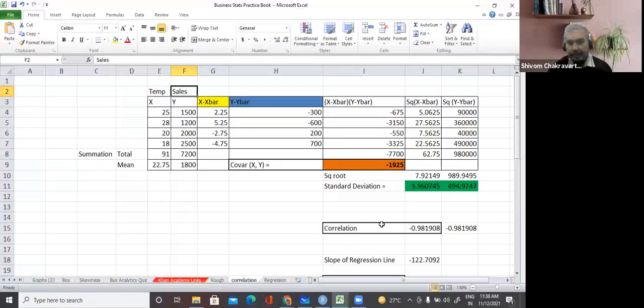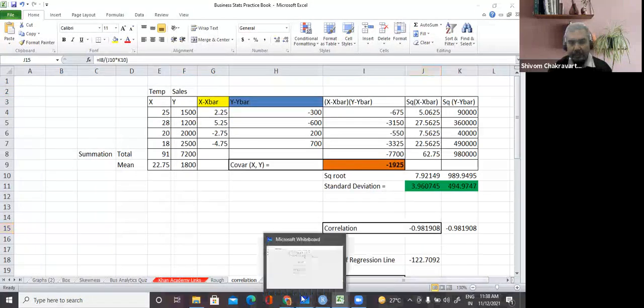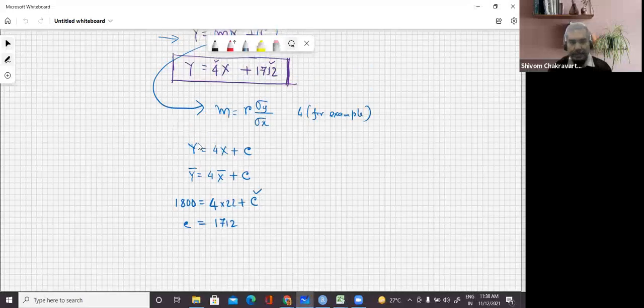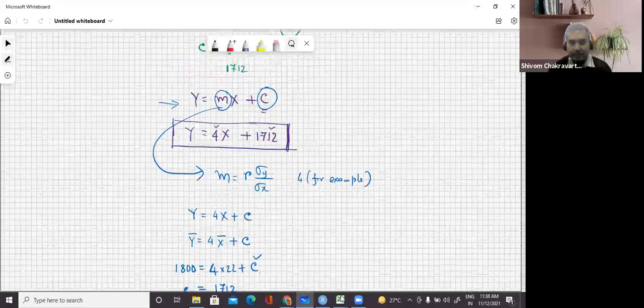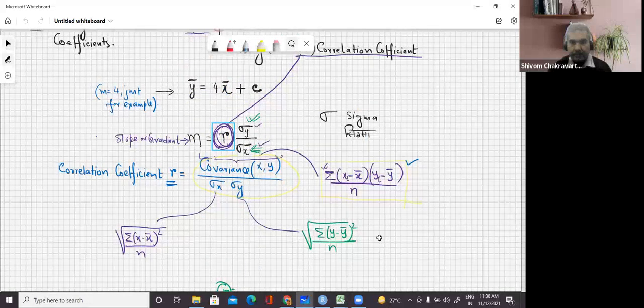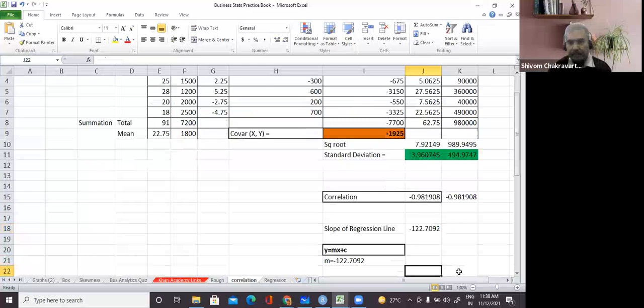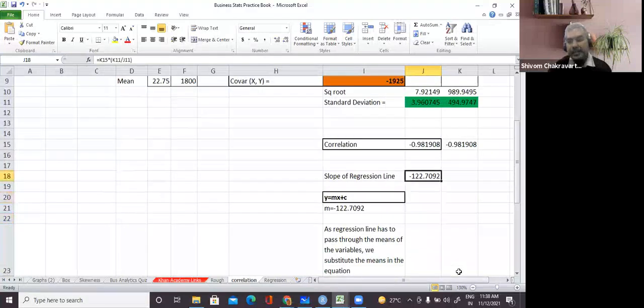So ultimately, we calculated the correlation coefficient first, and then using the correlation coefficient, we calculated the slope. That is very easy. Correlation coefficient multiplied by the standard deviation of y, that is the dependent variable, divided by the standard deviation of x, that is the independent variable.